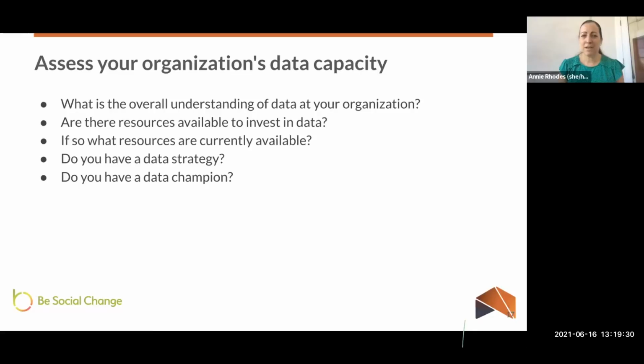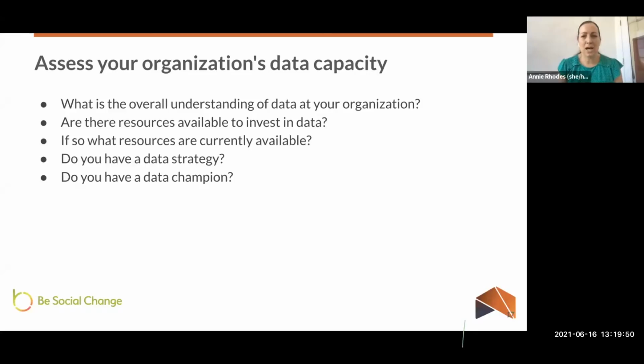What resources are available? Is it dollars? Is it software? Is it people? Do you have a data strategy? Do you have a data champion? Now, these seem like really basic questions, but it's really important for you to understand that data takes investment. It's investment in people.